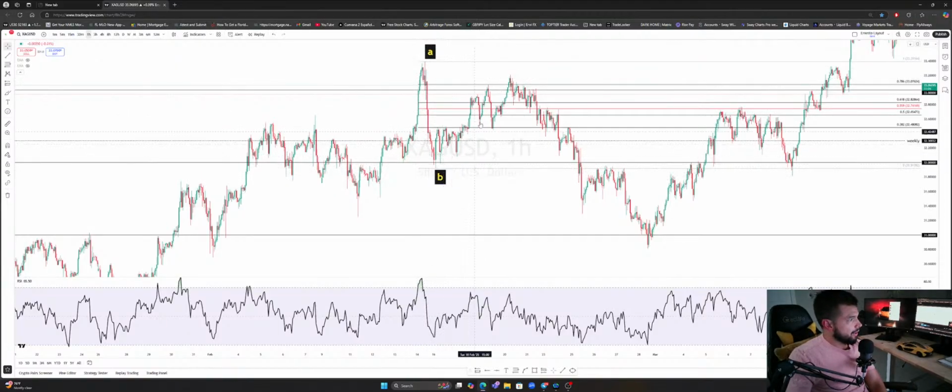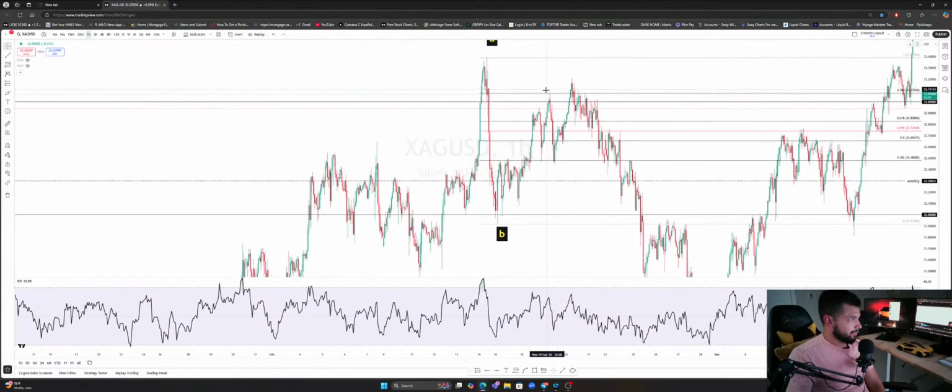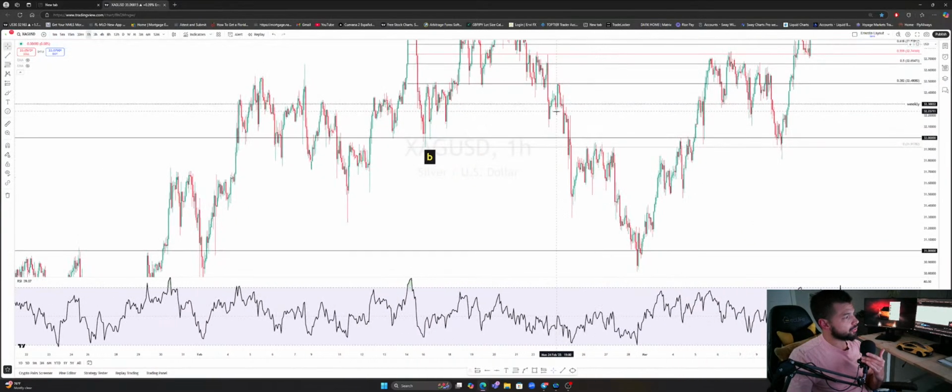You guys could see right here, it stops twice, not once, but twice. It stopped right here at 0.786 and came down. Went back up again to 0.786, and it came down again. It went back up a third time to the same level, 0.786, and that's when the market actually completely dropped.